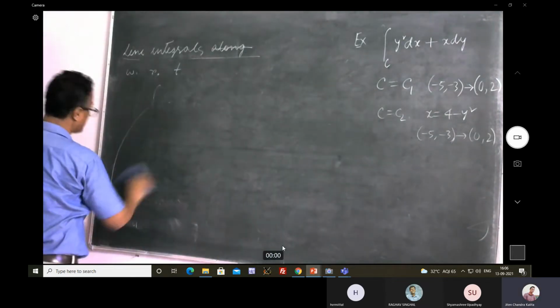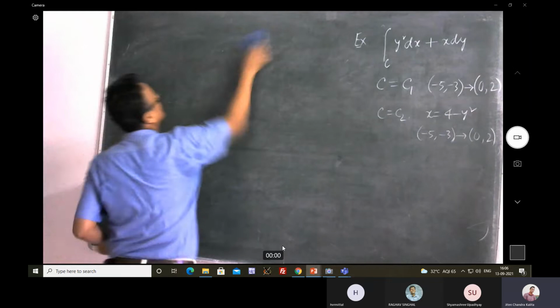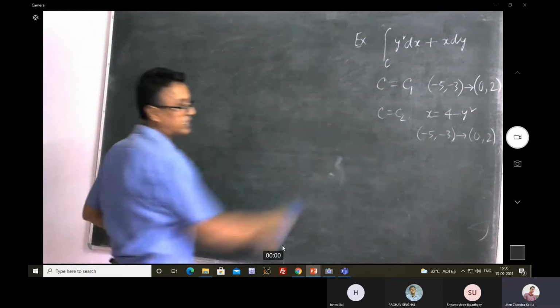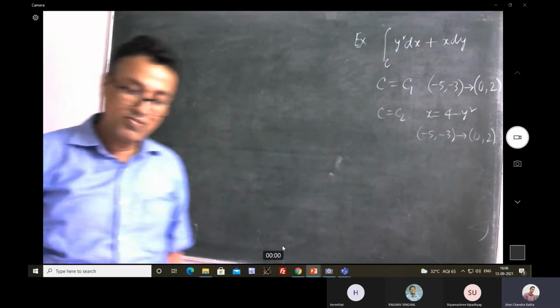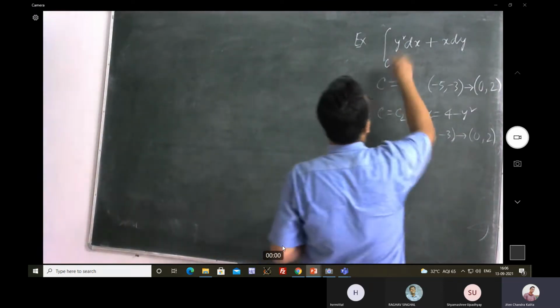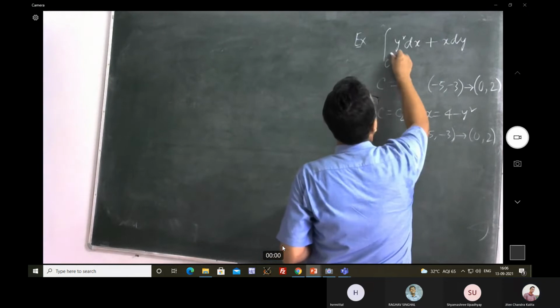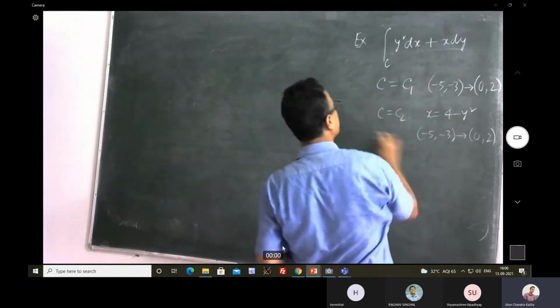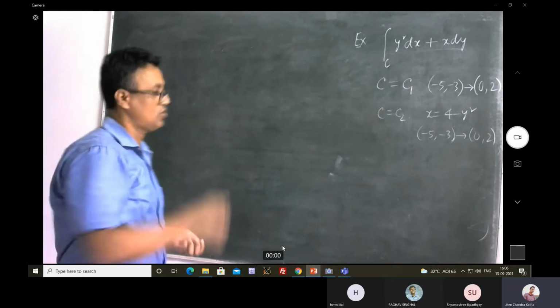Please don't confuse this with a union of curves. Here we have to evaluate two integrals: this integral along the curve C1, and then the same integral along the curve C2.